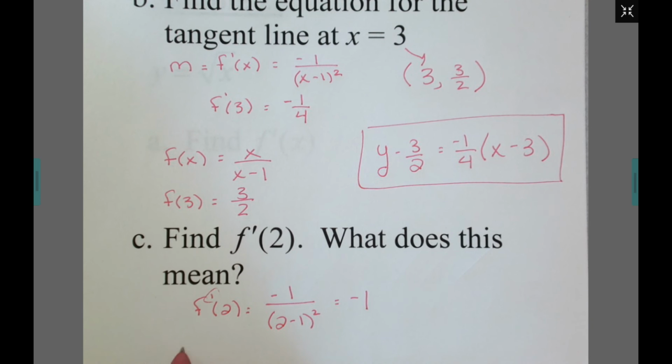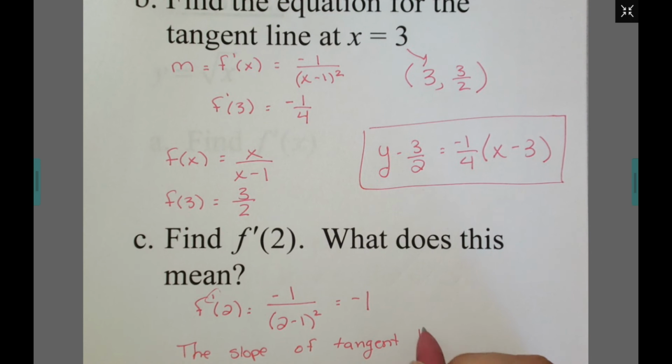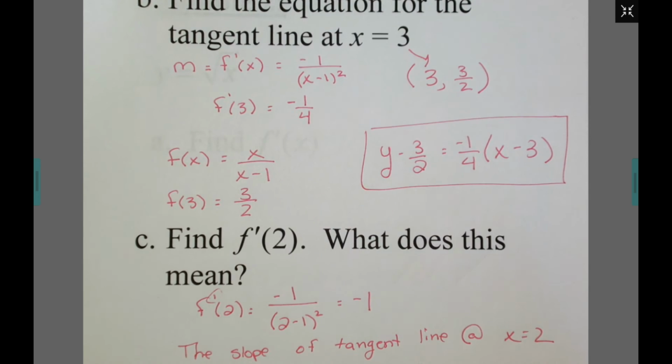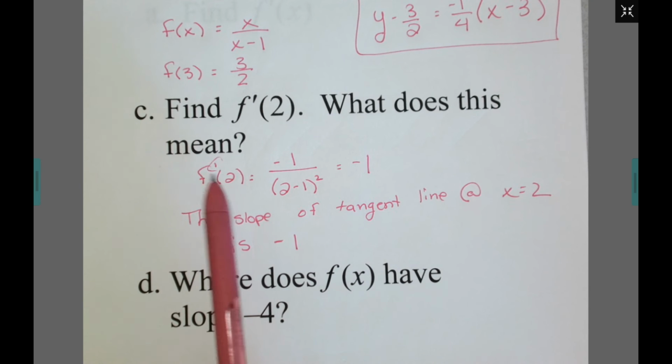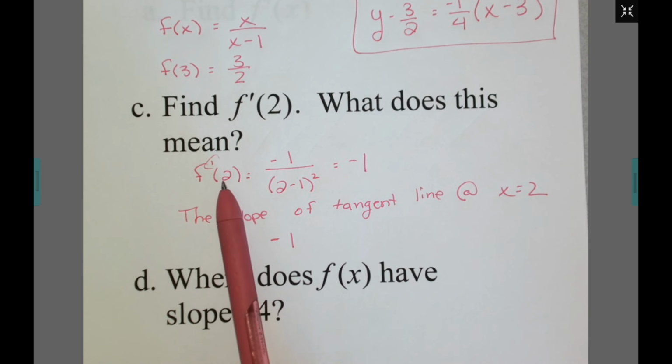So it tells us that the slope of the tangent line at x equals 2 is negative 1. Okay, so whenever you have the derivative, we're thinking slope right away. Slope is negative 1 when x equals 2 for my tangent line.